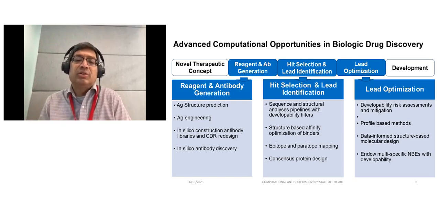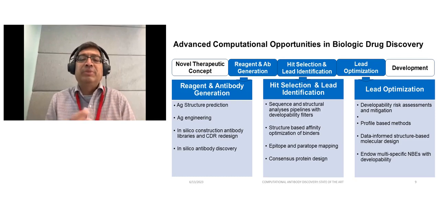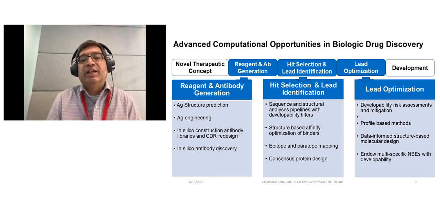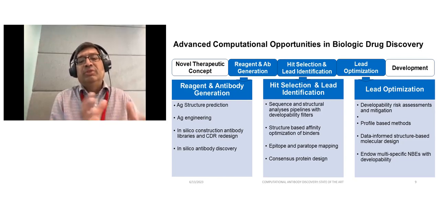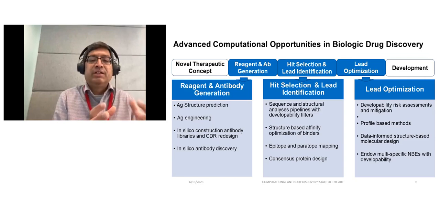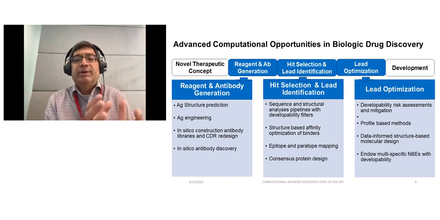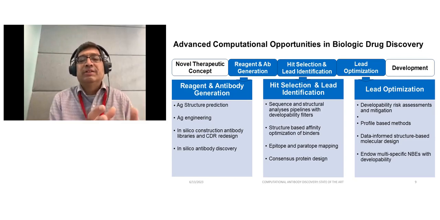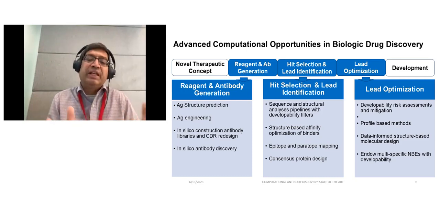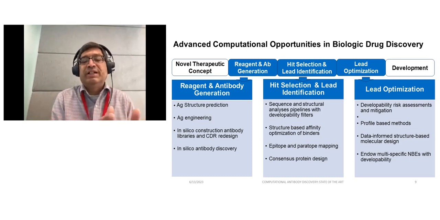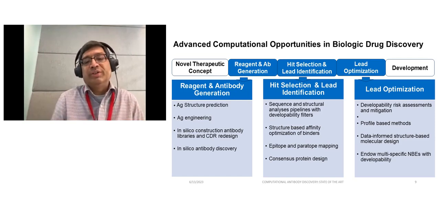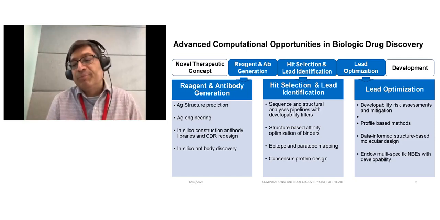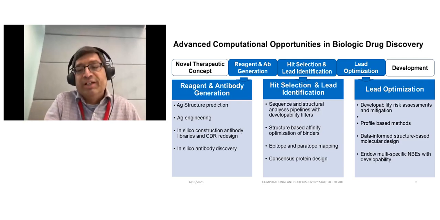We could also map the epitopes and paratopes in a better way. And many times, if we can't find a lead molecule within a given germline pair that gives us all the properties that we need for a drug project, we can use consensus protein design to go forward. So there are several opportunities here.